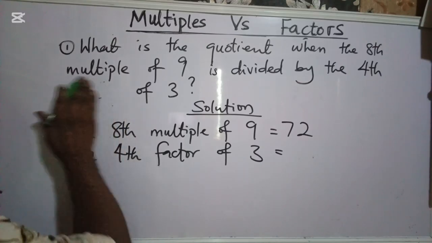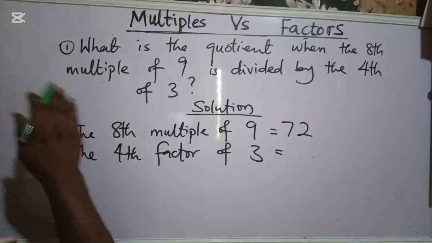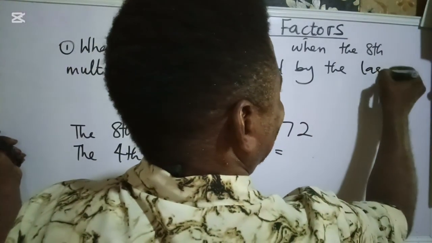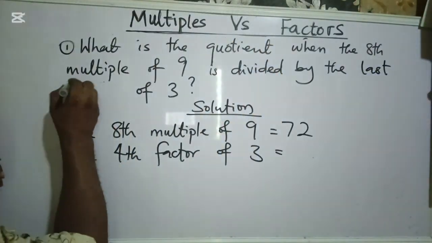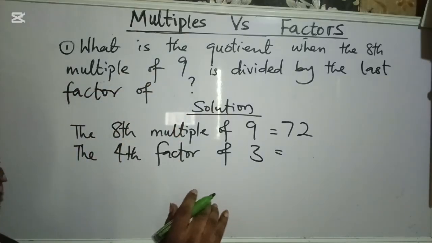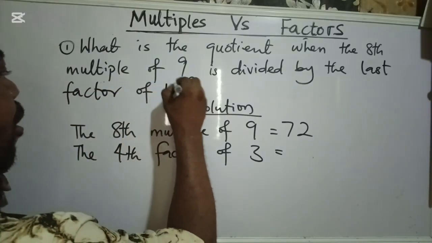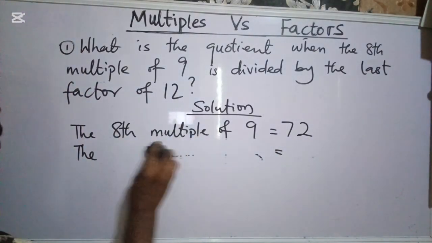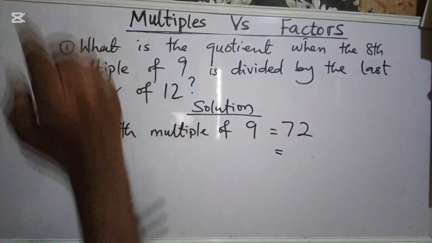Oh sorry, I mean this one, multiple. No, let me say the last factor of 12. Let's put it like that because I'm just looking for a way to connect factor and this one together.